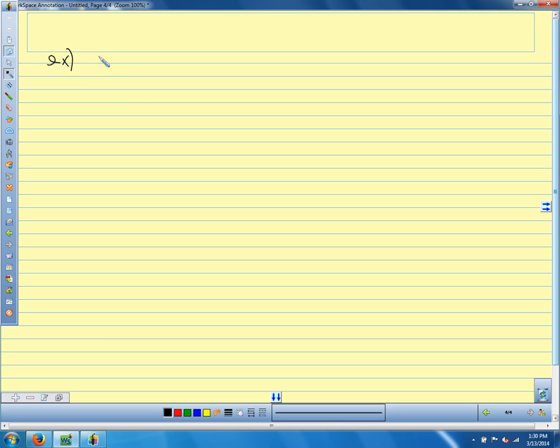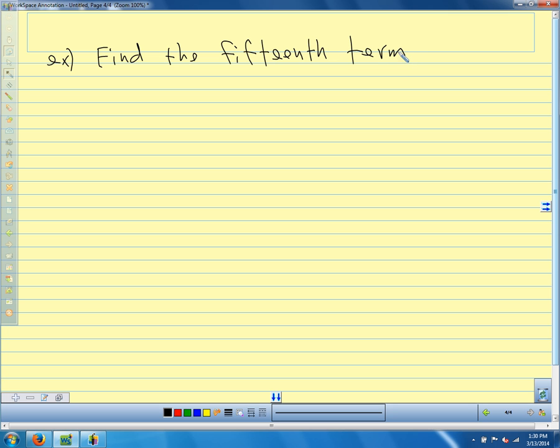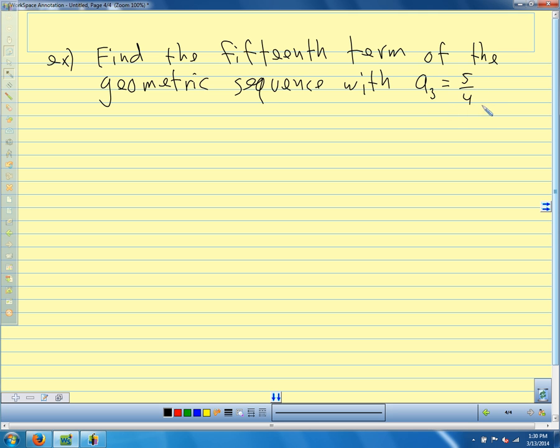So we want to find the 15th term of the geometric sequence with, let's see, the 3rd term, a sub 3, is 5/4, and a sub 6 equals 5/32.